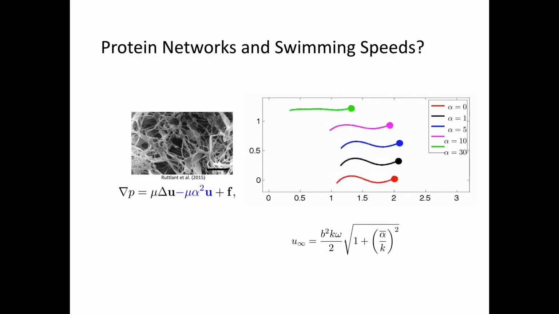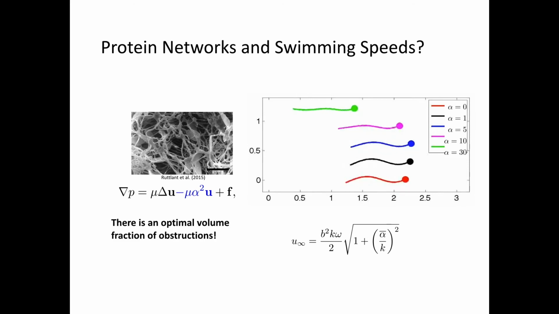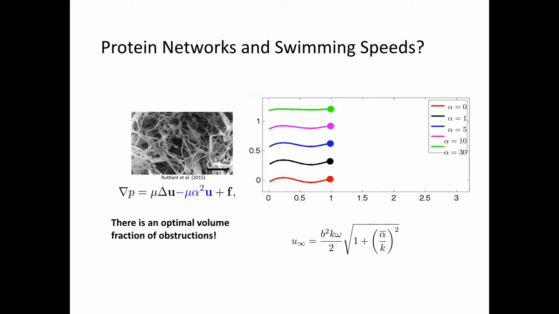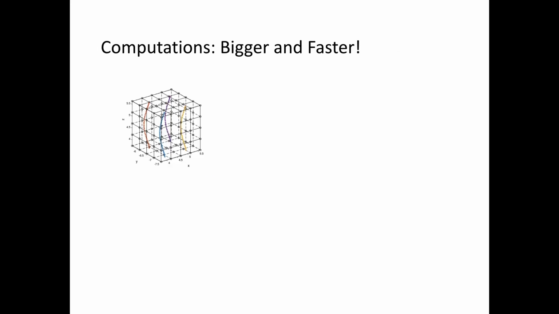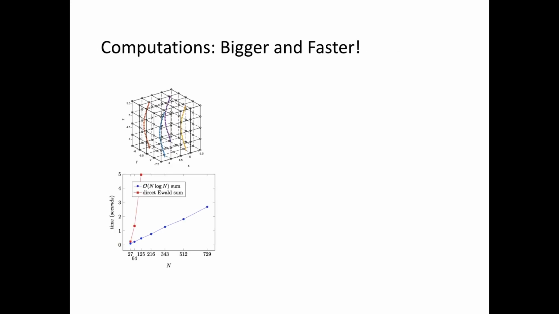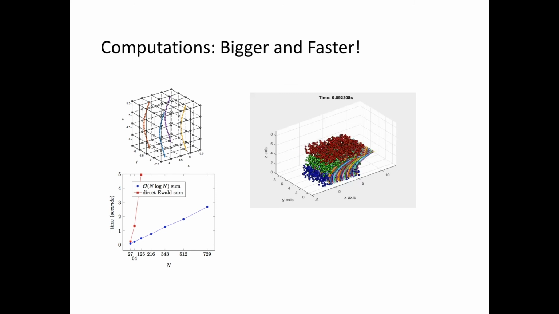What we can do is look at varying this volume fraction of these fibers. On the model simulations here, these are different simulations. The bottom one has no fibers, and the top one has a lot of fibers. And what you can see is that there are very different emergent beat forms. And there's a question of whether or not the sperm is able to swim through it and how fast.